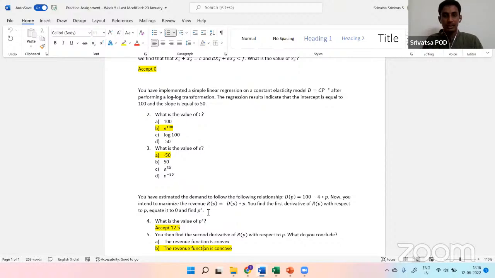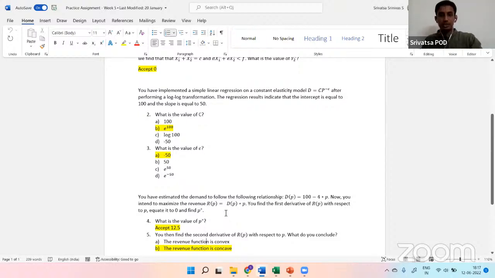If you change the price from P1 to P2, where P2 is greater than P1, the demand will naturally come down. In order to capture that, the negative sign captures that change. So it's nothing more than that. Now, if you ask the value of epsilon, you need to report it as minus 50, in this particular case.